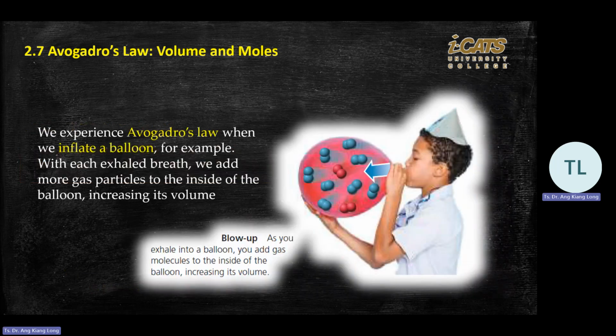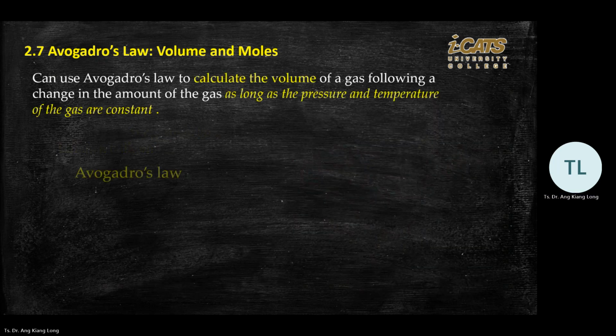Okay, so this one you experience with a balloon when you inflate. The balloon will become bigger and bigger as you add more and more gas particles, right? So when you add more gas particles, you increase the volume. So I highlight, we use Avogadro law to calculate volume as long as pressure and temperature are constant.